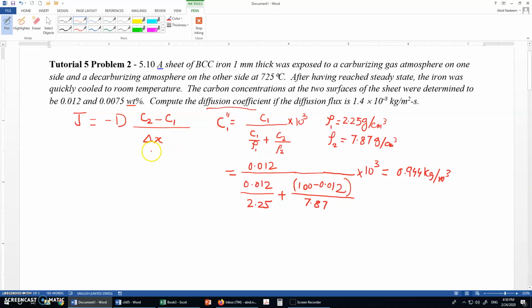The other value in kilogram per cubic meter can also be found.